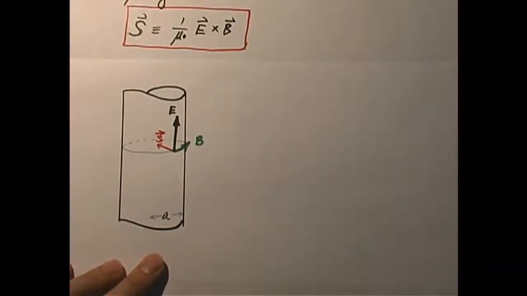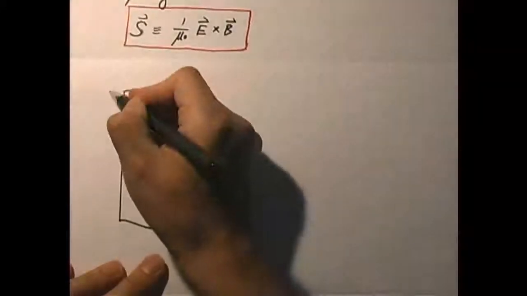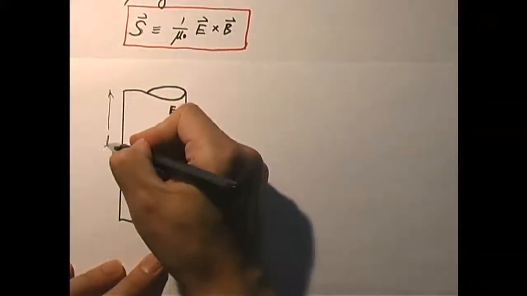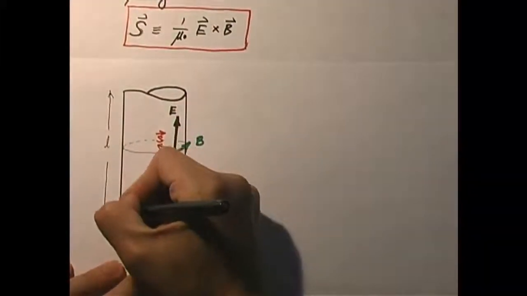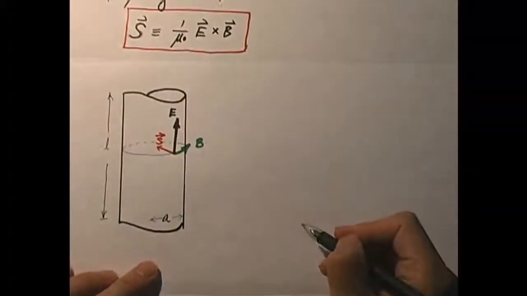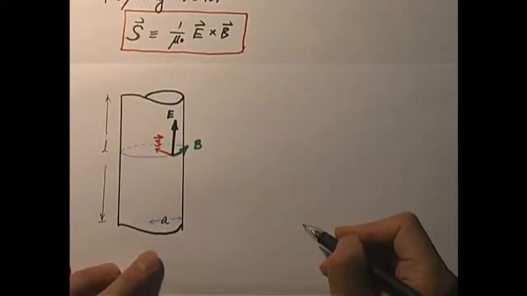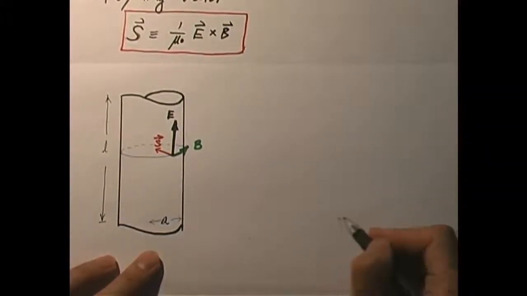Thermal power, I squared times R. R is the resistance. Now suppose I have a segment of this wire of length L. I want to know the total power converted into heat from electromagnetic energy. I know what that is.